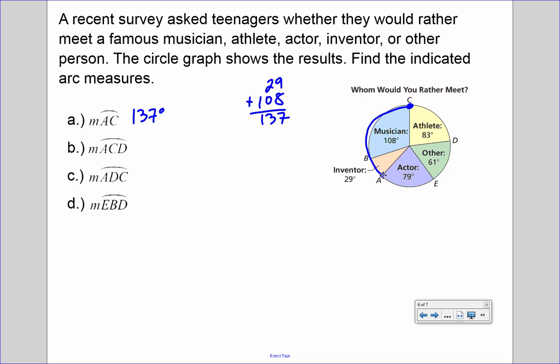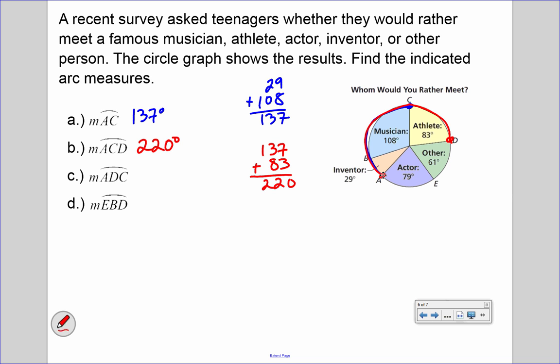Let's do arc ACD. Now we go from A all the way around to C, back to D. And now we've added on the blue piece, the blue arc plus the yellow piece. So we can take blue, which is 137, and add on the extra yellow arc, and we get a red arc, which is 220.